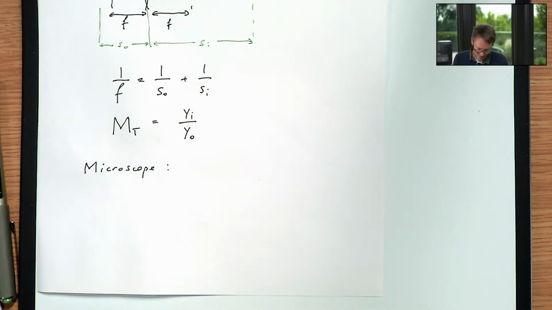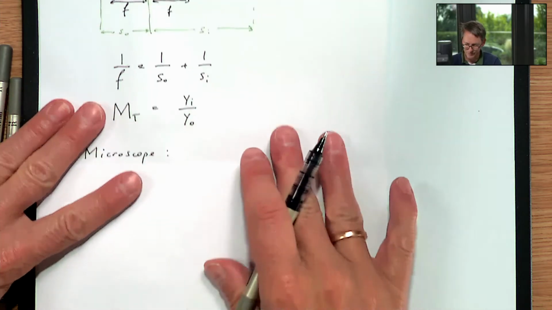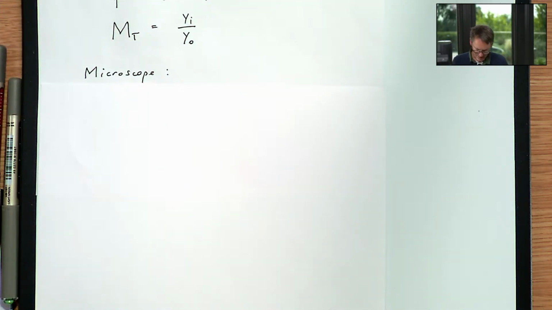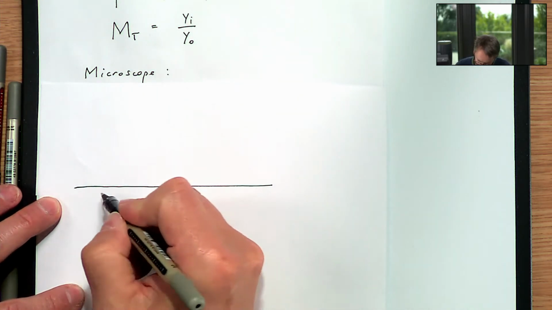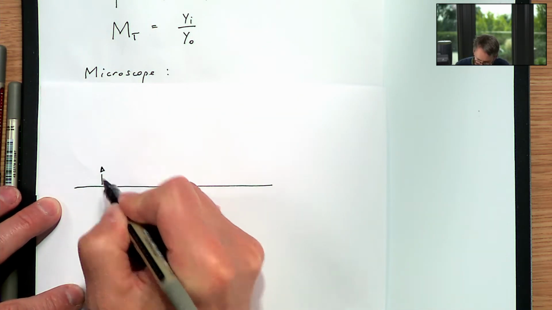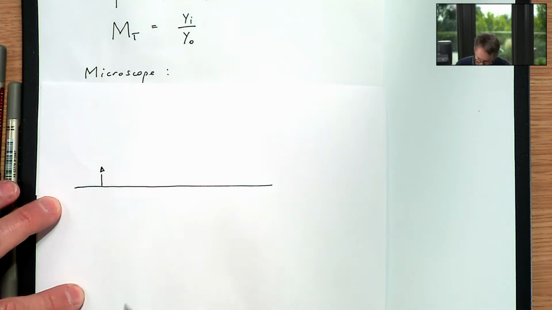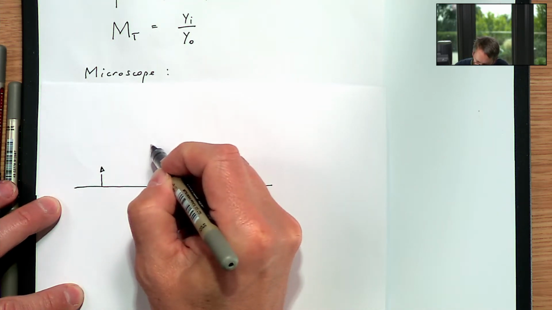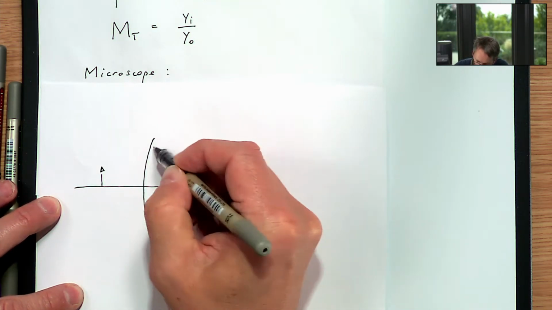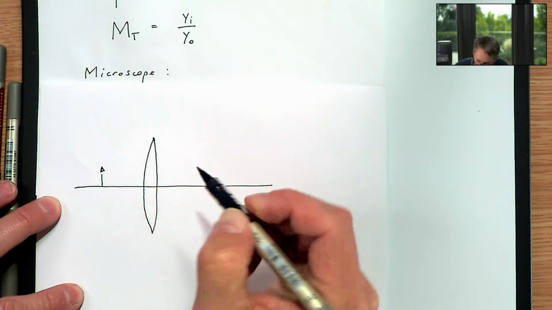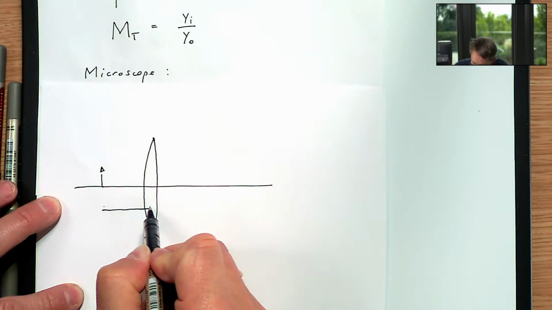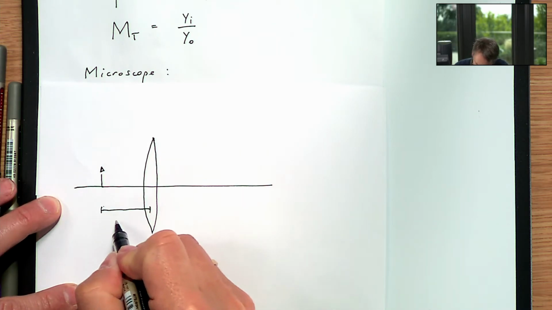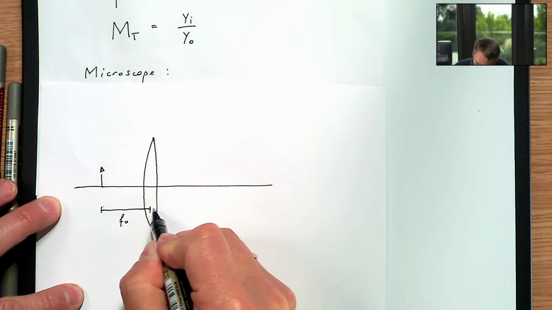If we have an object, again, it looks like that, and then we have an objective lens, like that, and then let's draw this in. So that here is f0.